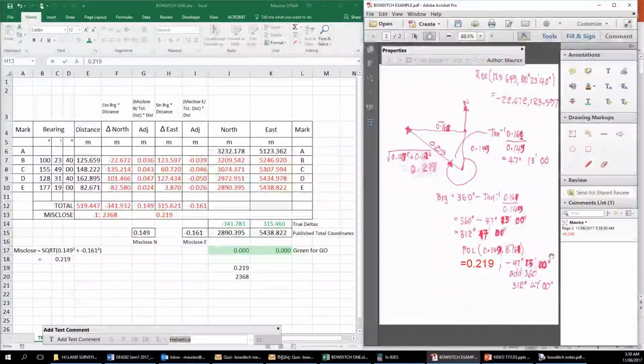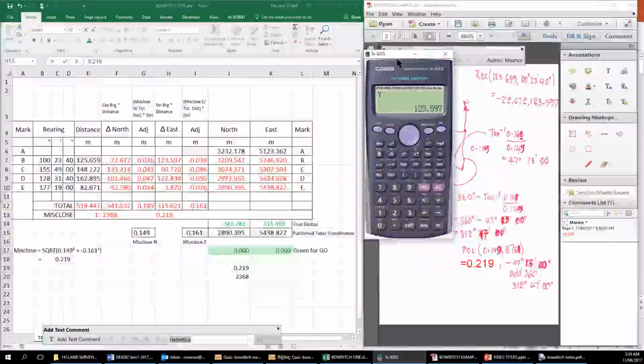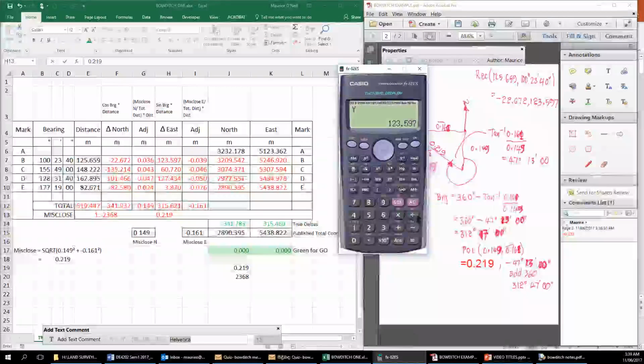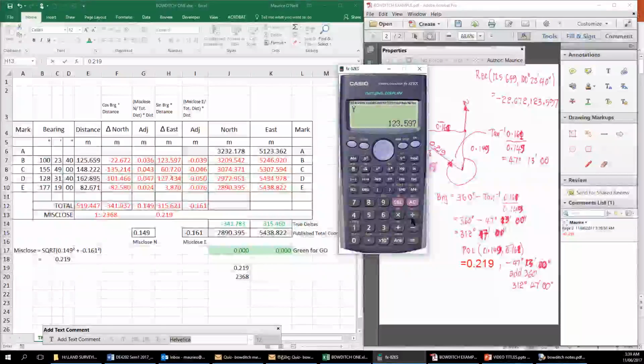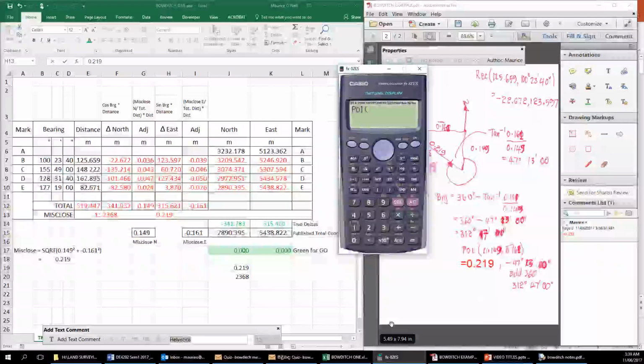47 minutes. Okay, now there is another way of doing this, and that is using the polar conversion on the calculator, which is on the plus. So we just go shift pole, and then we put in our two things that we've got, our two delta Ns.